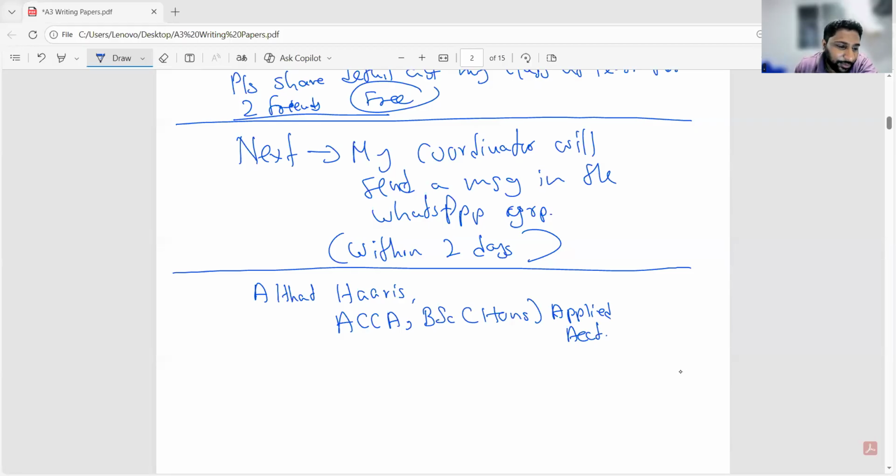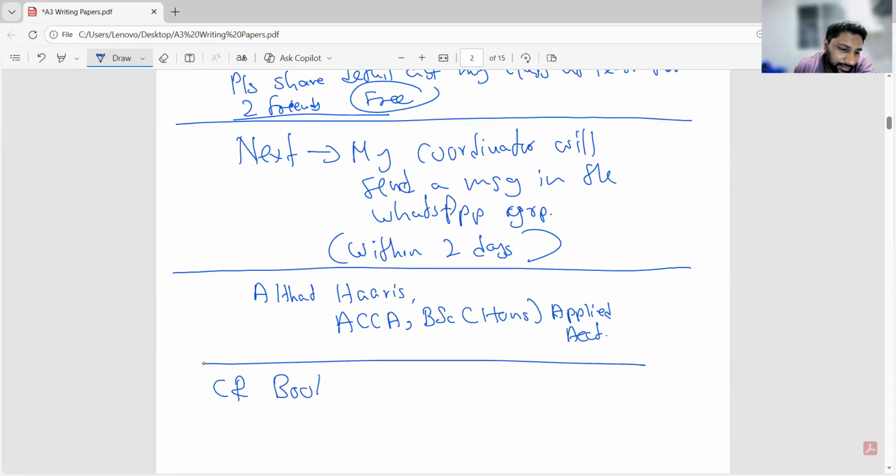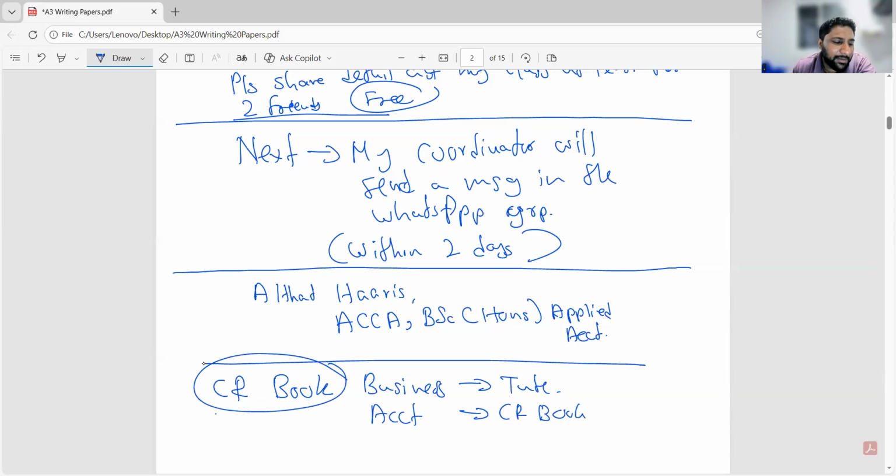Okay, so you people should have a CR book. For the theory areas, the business areas, the tutes are enough. When it comes to accounting, you need a CR book, but it's better to keep it now itself. A CR book with maybe 120 pages.